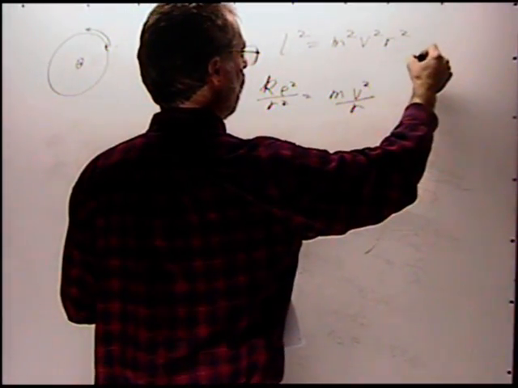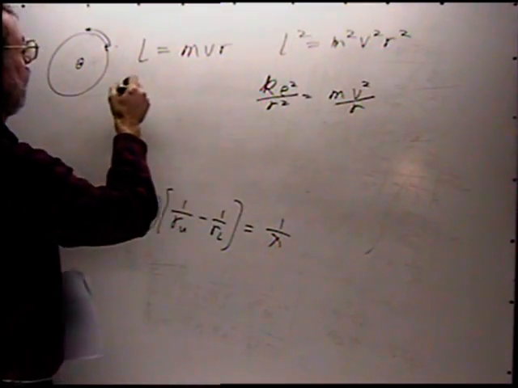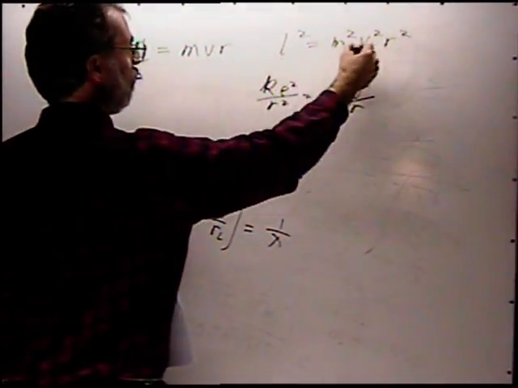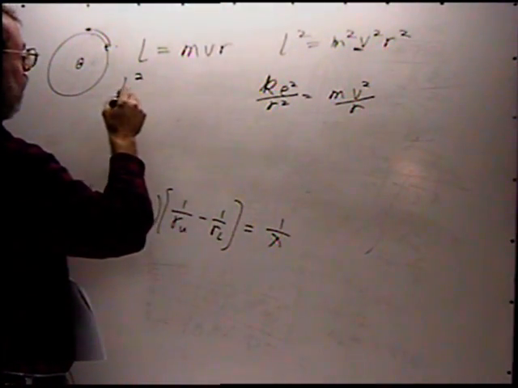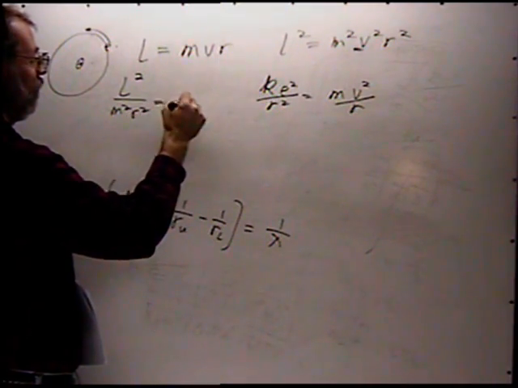Here, let's do it over here. L squared, we're going to solve for v squared, divided by m squared r squared equals v squared.